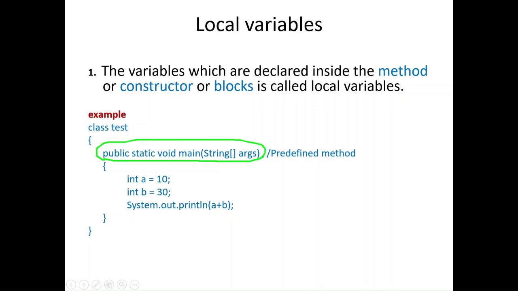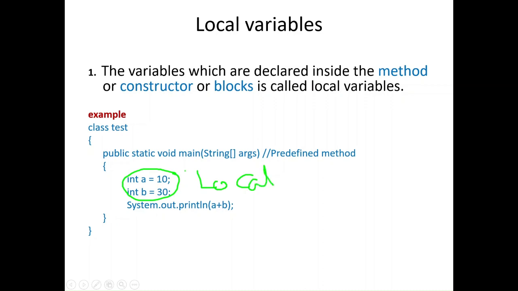There is a reason behind why it is lengthy, which can be discussed later. Now public static void main string array args is the main method. Within this main method, you are declaring a variable and accessing that variable. So this variable declared inside the main method is called a local variable. Not only the main method, the variable declared inside any method is called a local variable. Not only a method, even in a constructor or any block, it is called a local variable.